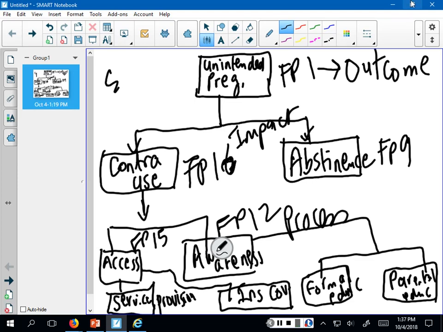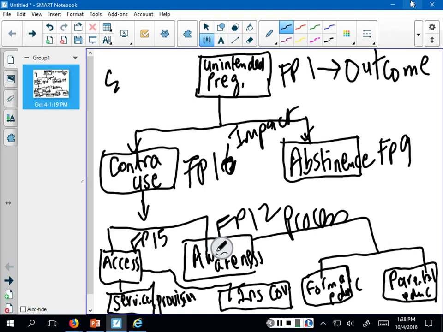Okay. Now, where would you intervene if you're designing an intervention that will ultimately decrease the levels of unintended pregnancy in a given community? Your intervention activities will be at the level of the process objectives.